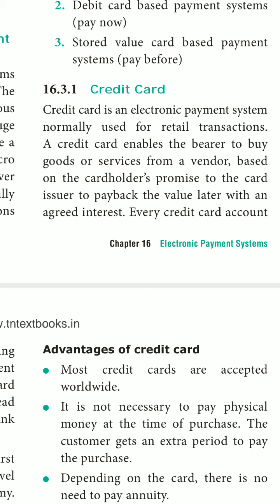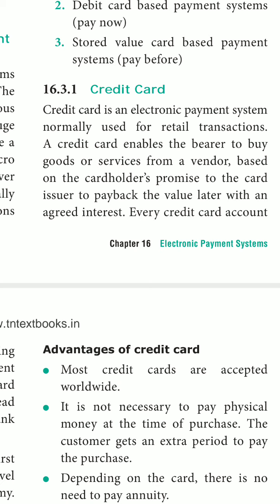Okay, but the 1200 must be paid in the next month or forthcoming month with some interest. Say for example, 10% means 12 rupees will be added. Okay, so 1212 will be charged from you in the next month.